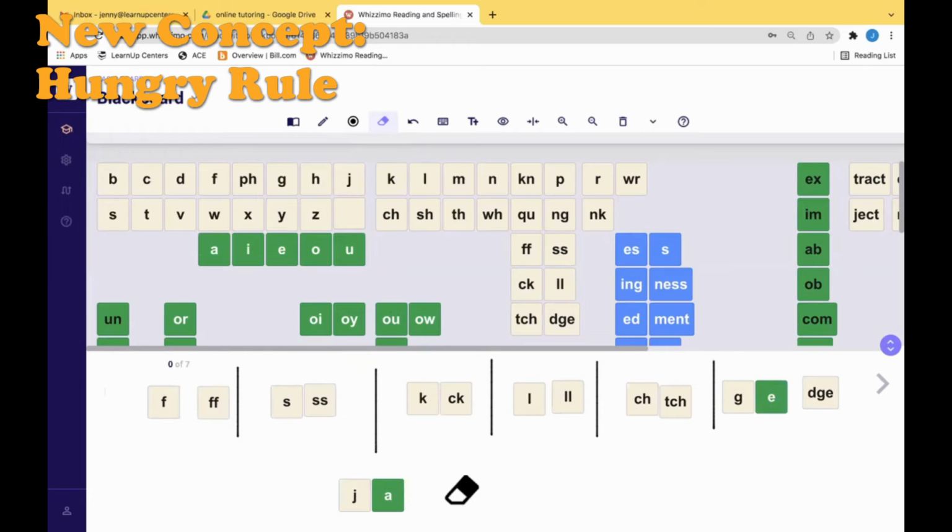Does Jack work, like you spell it J-A-C-K? Jack is a real word, so remember I told you, these endings are only going to be at the end. So that is why it's CK, Jack, like this.